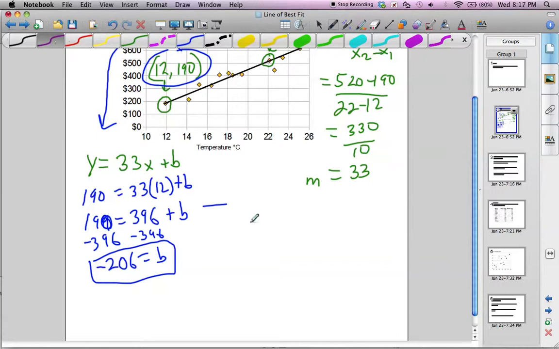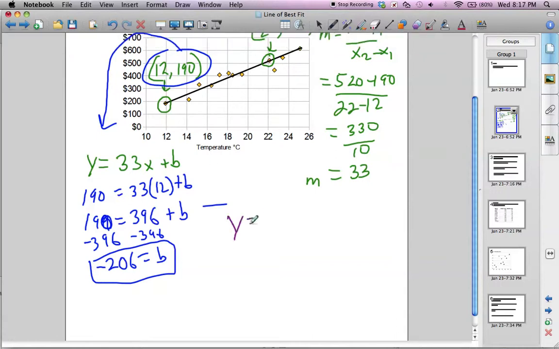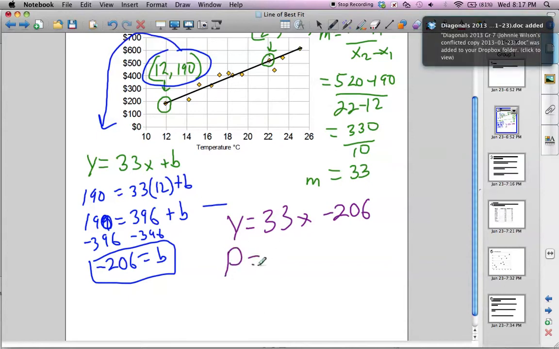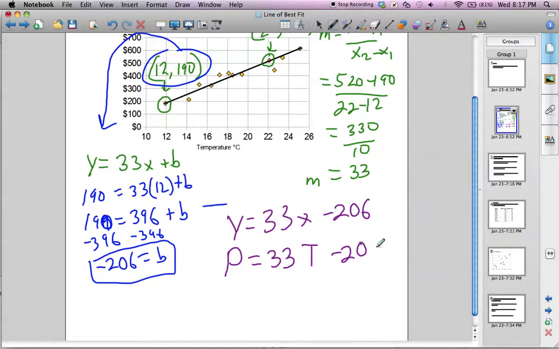So I'm going to write the equation now. It's going to be y equals 33x minus 206. You could also write this as profit equals 33 times temperature minus 206, if you want the real life situation in there.